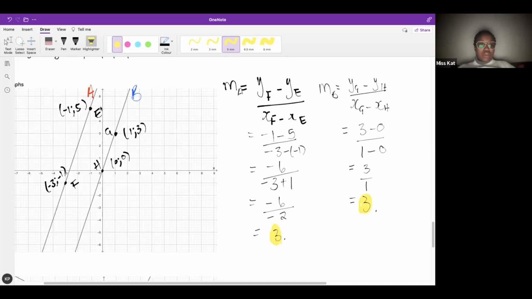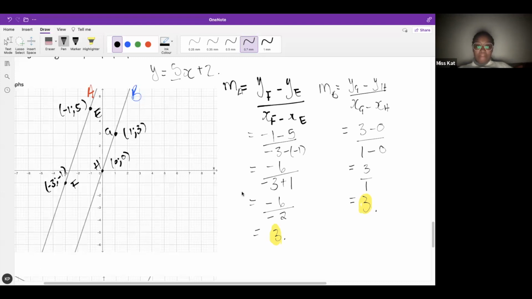So if they tell you, work out the equation of a graph that is parallel to another one. So if I say to you, work out the equation of a graph that is parallel to y equals 5x plus 2. I mean the gradient, excuse me.